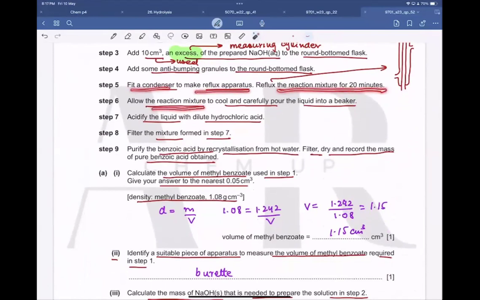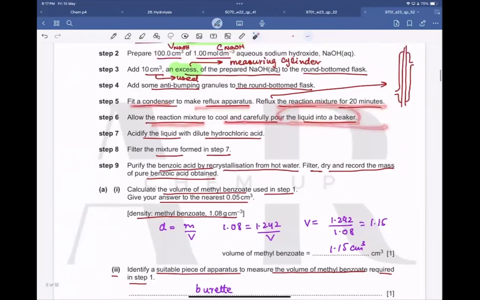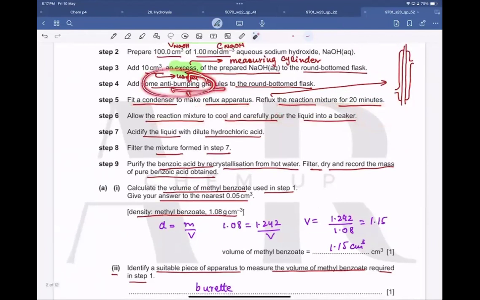Allow the reaction mixture to cool and carefully pour the liquid into the beaker. So see why we are carefully pouring the liquid into the beaker. We have put some anti-bumping granules in it. So to remove those anti-bumping granules, that's why we are separating in step 6.